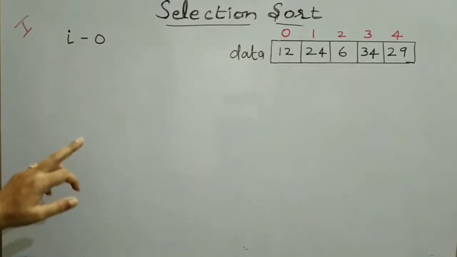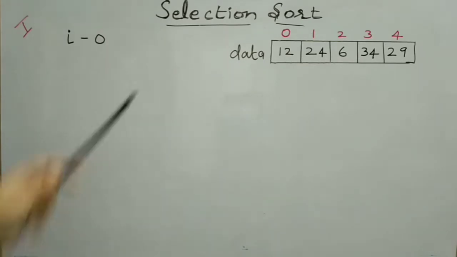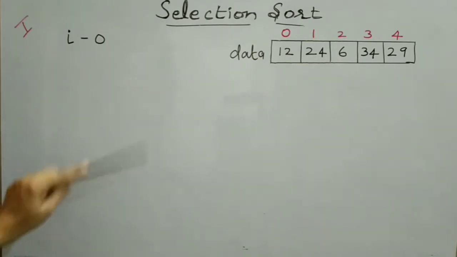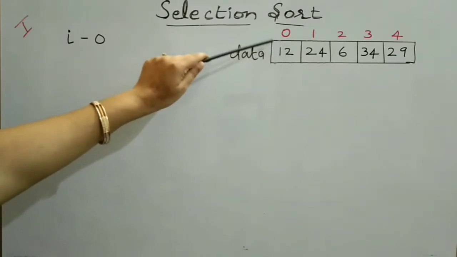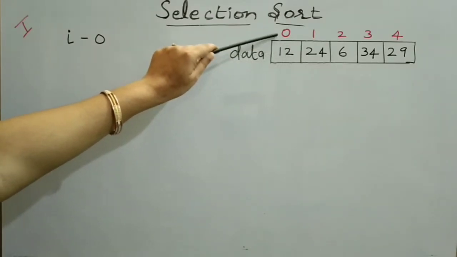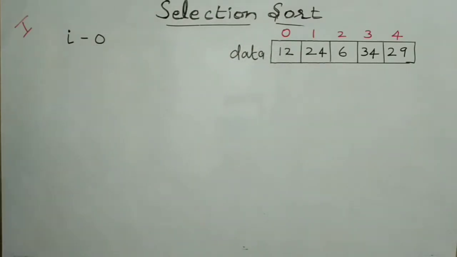So how to implement this selection sort procedure, that is comparison and swapping, for the given example. Take the first element in the array, and its index position is assigned to I. I'll start my procedure with the first element in this array. The index position of the first element is 0.